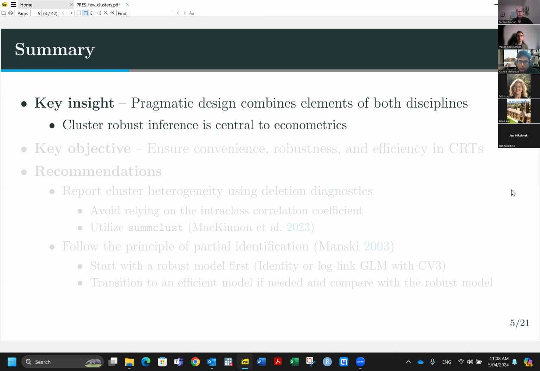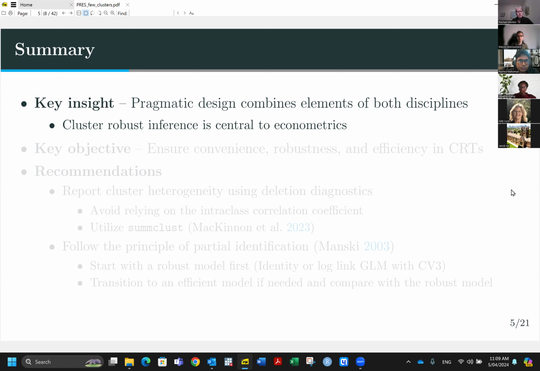So the key insight is that pragmatic designs deviate from traditional biostatistical challenges, and they become more similar to econometric challenges. Cluster heterogeneity, which is at the center of this paper, has received particular attention in the econometric literature.